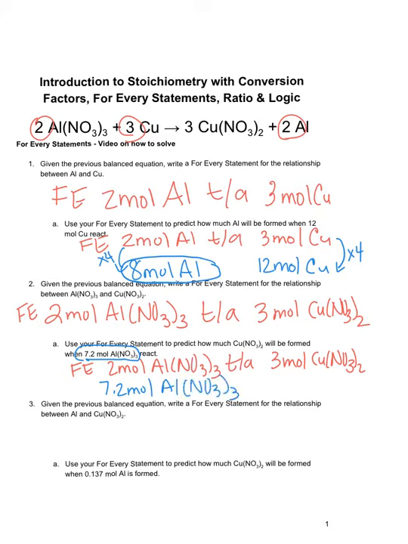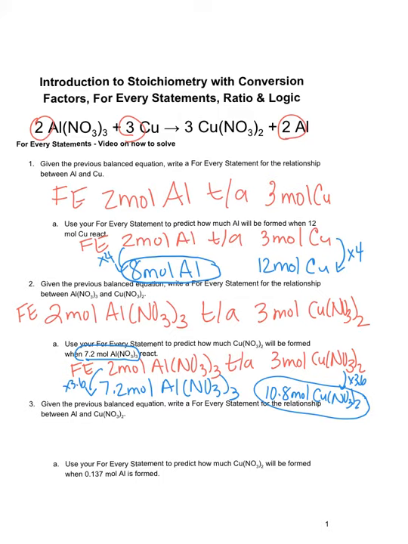Okay, so to get from 2 to 7.2, I'm going to have to multiply by 3.6. So over here, I'm also going to have to multiply by 3.6. So 3.6 times that 3 is going to give me 10.8 moles of CuNO3 2. So there's my answer to that next one.